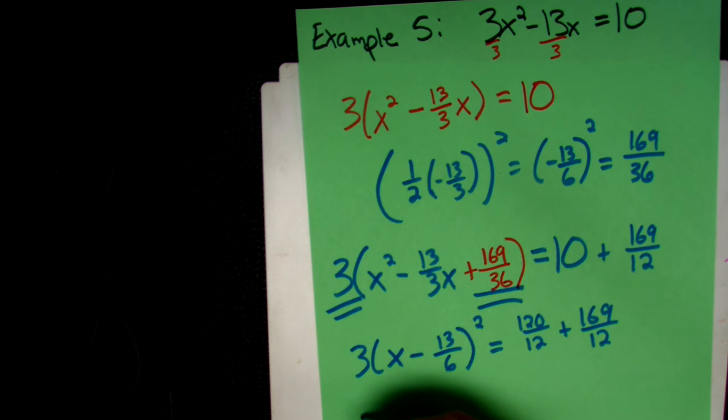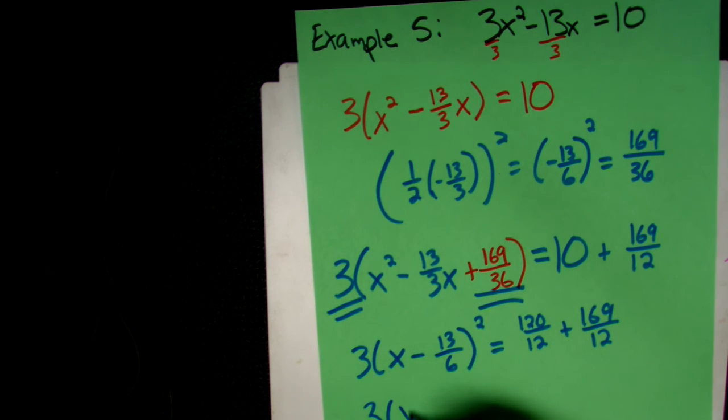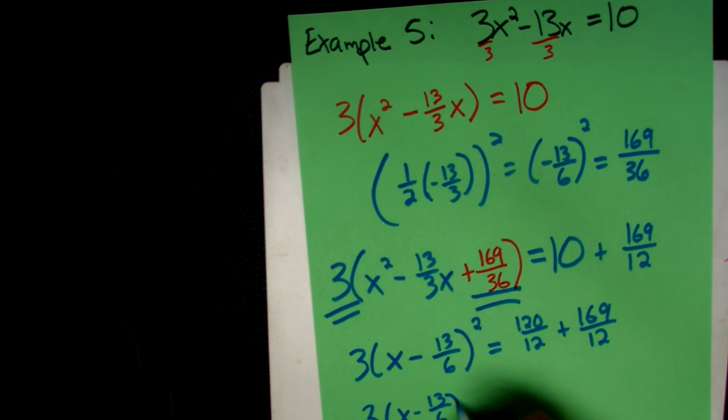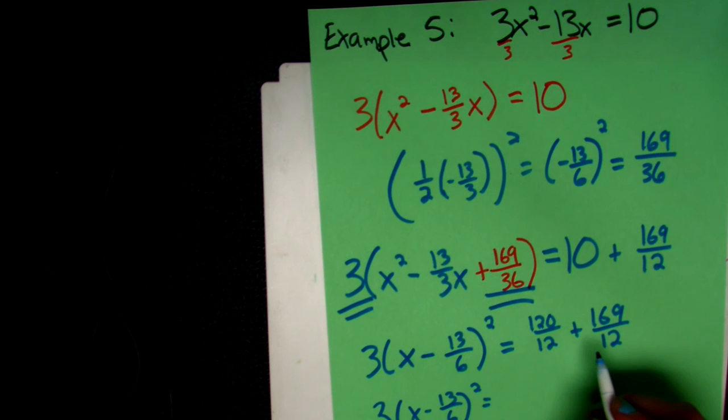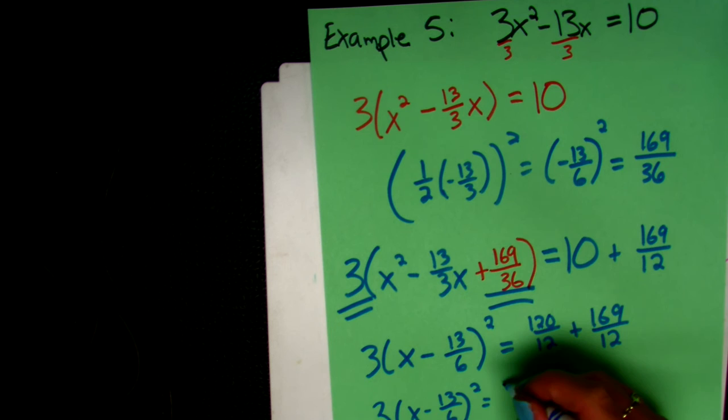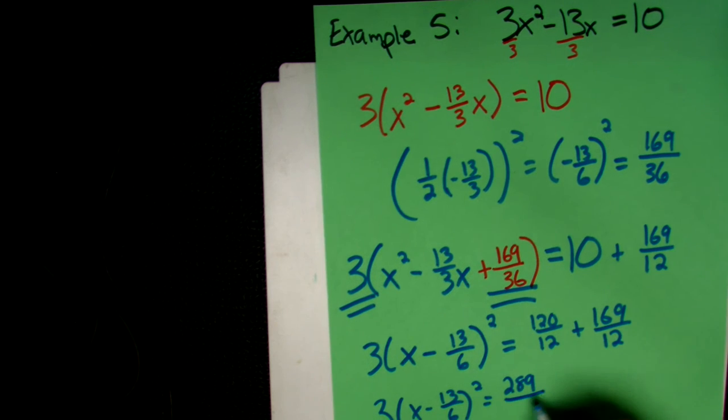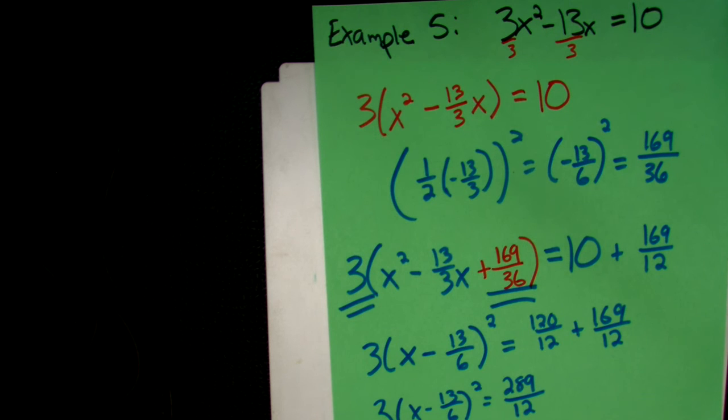So that way I can add 169 to it. So that becomes 289 over 12. And then we're going to divide both sides by 3.